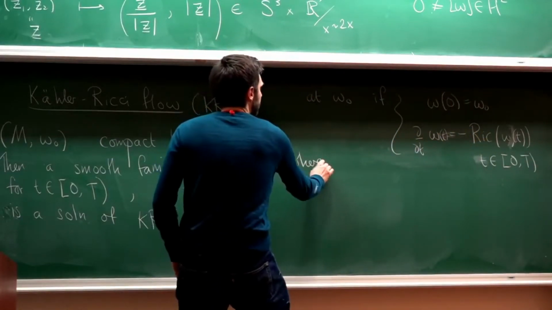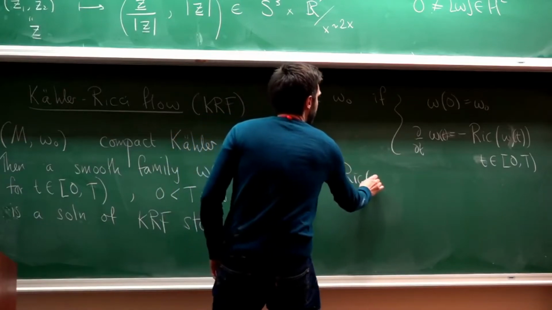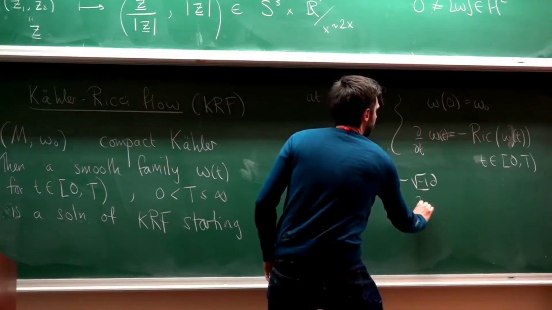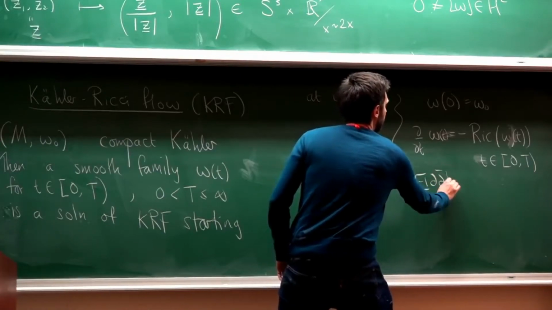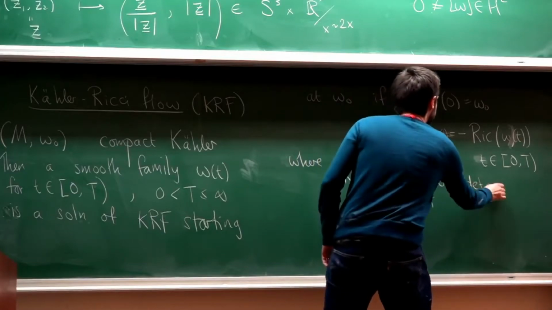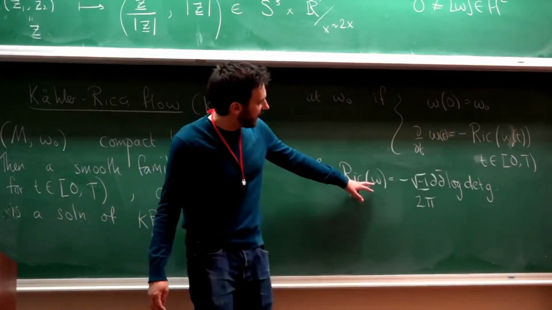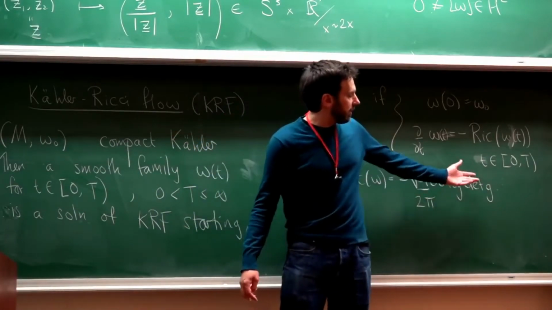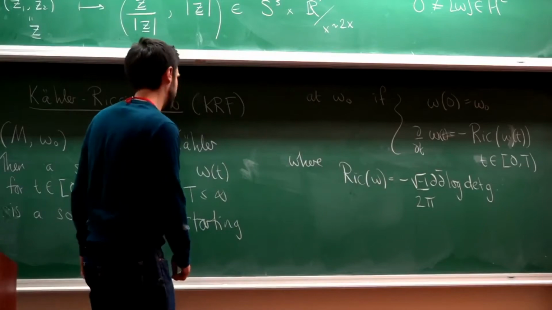Where, what is this Ricci? Here I'm writing Ricci of omega for, again, there's going to be some factor of 2 pi, dd bar log of the determinant of g. So for any Kähler metric omega which is given by a g, Ricci of omega is minus dd bar log of determinant of g.